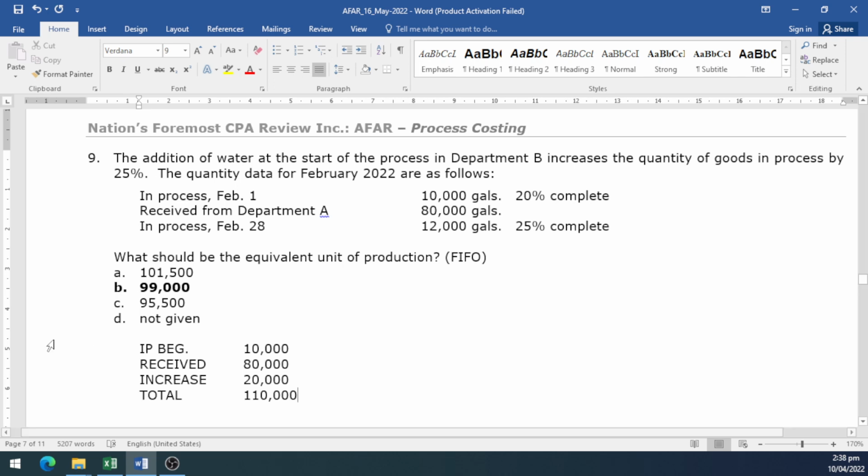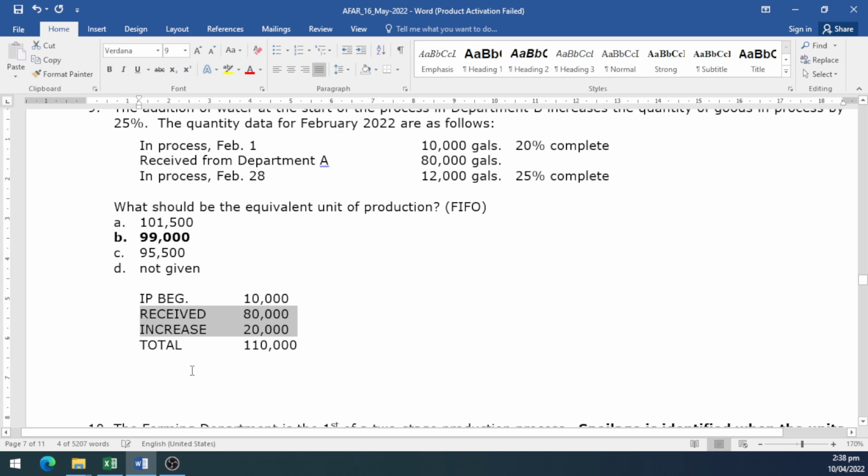Okay? So, as though, ang na-receive mo, hindi lang 80, 100,000. Plus beginning natin, kaya 110,000 yan. We compute the EUP. This is first in, first out, ano? Ang ending work in process natin, 12,000. Kaya ang units completed, 110 minus 12, 98,000 actually ang units completed.